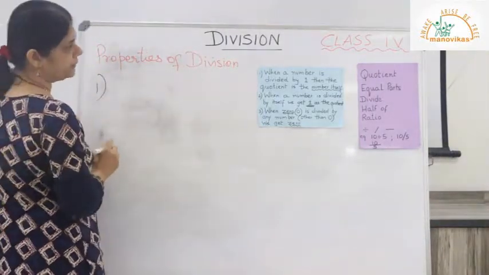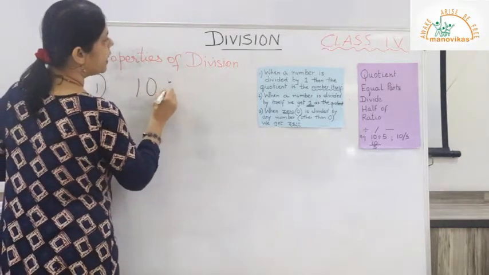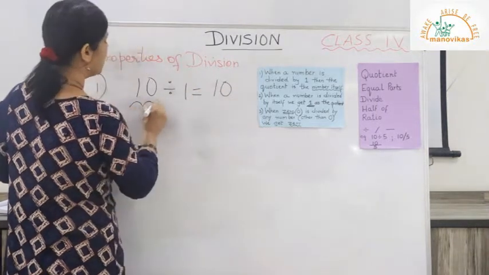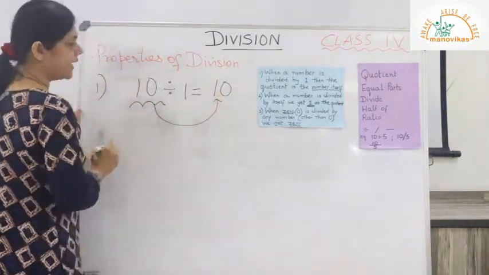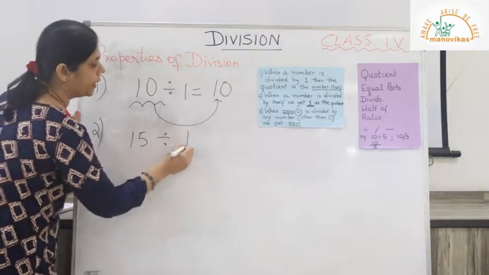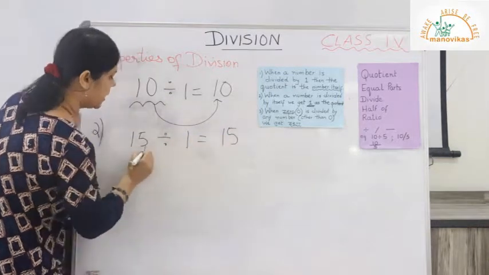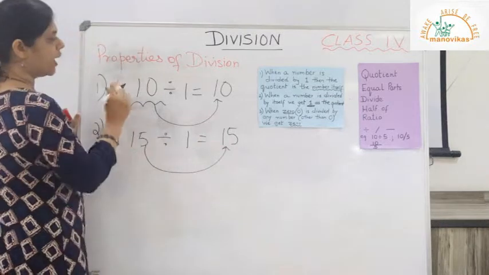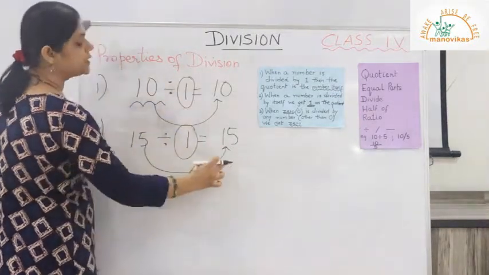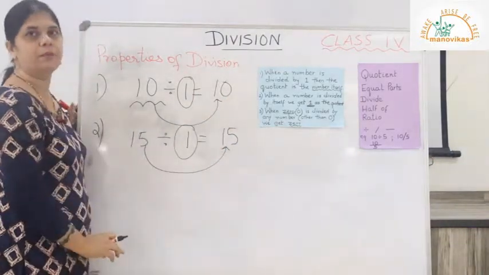You take any number, 10 divided by 1 will give us 10, the number itself. Second example, 15 divided by 1 will give us how much, children? Yes, 15, the number itself. So any number divided by 1 will give us the number itself. This explains the first property.